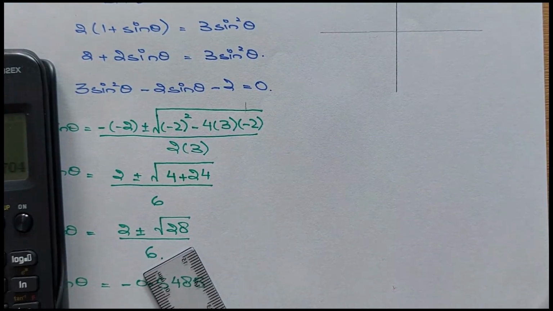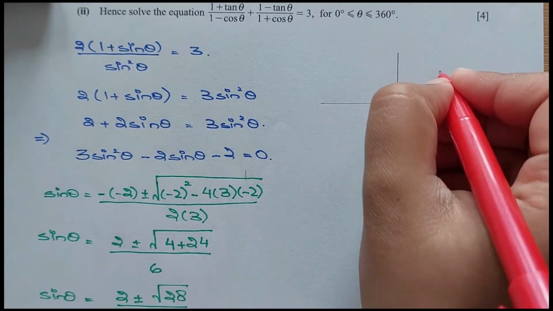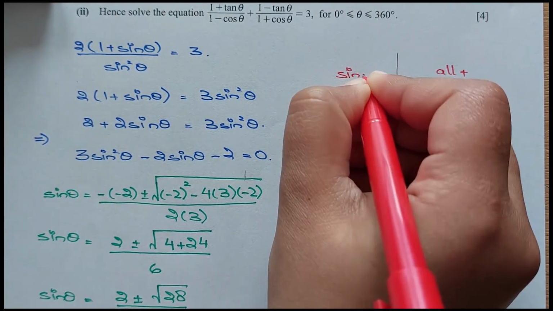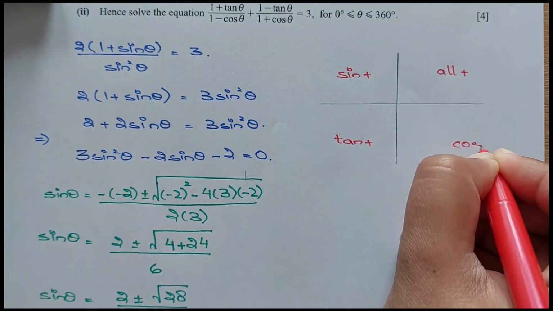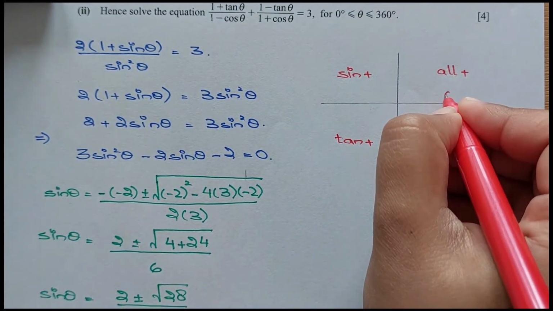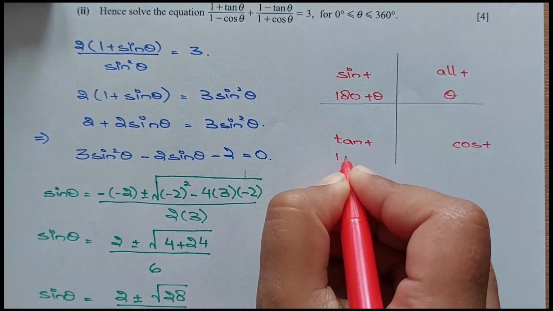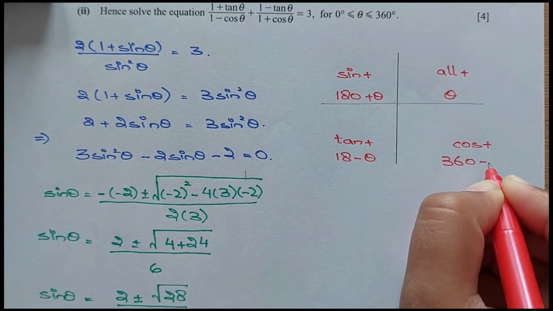Okay, so this is a coordinate system. So for the first quadrant, all trigonometric ratios are positive. Sine is positive, tan is positive, and cos is positive. Here we have theta, here we have 180 minus theta, here we have 180 plus theta, and 360 minus theta.